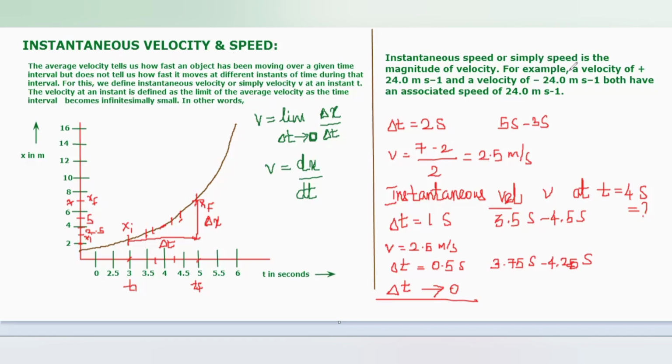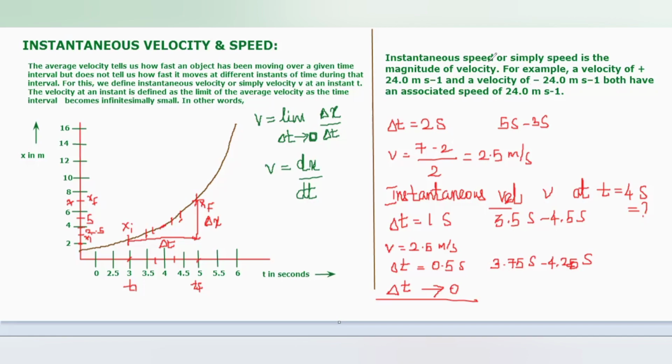For example, a velocity of plus 24 m s^-1 and a velocity of minus 24 m s^-1 both have the associated speed of 24 m s^-1. That means regardless of the direction, we will mention only the magnitude of the velocity for the instantaneous speed.